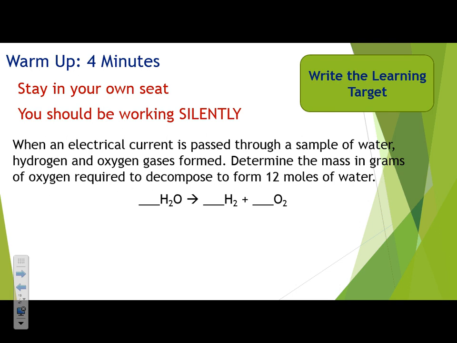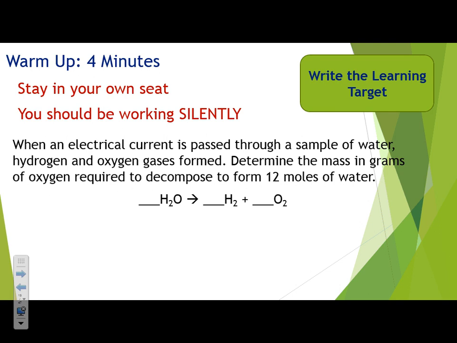So, your warm-up here, we're going to go ahead and read the question all together first. The question says, when an electrical current is passed through a sample of water, hydrogen and oxygen gas is formed. Determine the mass in grams of oxygen required to decompose to form 12 moles of water.